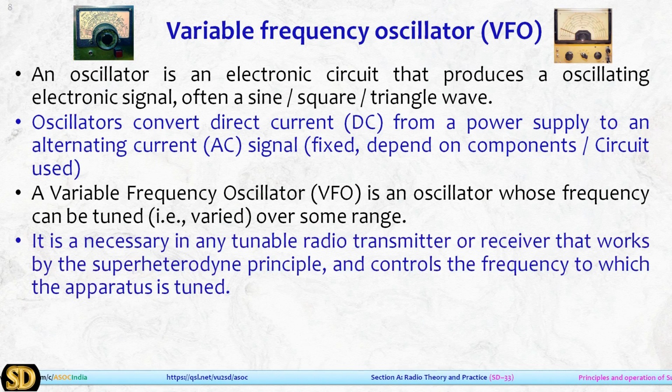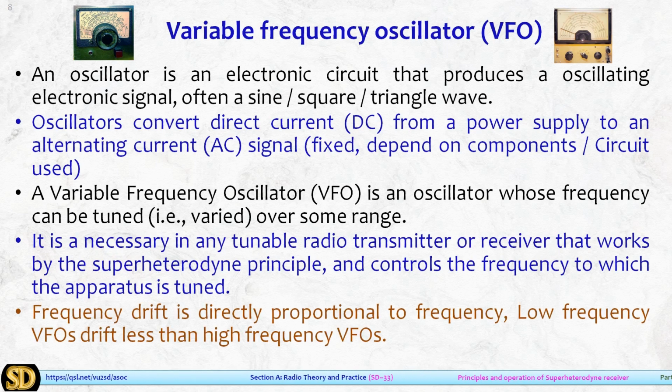It is necessary in any tunable radio transmitter or receiver that works by the superheterodyne principle. Superheterodyne principle means mixing frequencies and controlling the frequency to which the apparatus is tuned, to come to another frequency, normally the intermediate frequency or IF, or some other frequency.